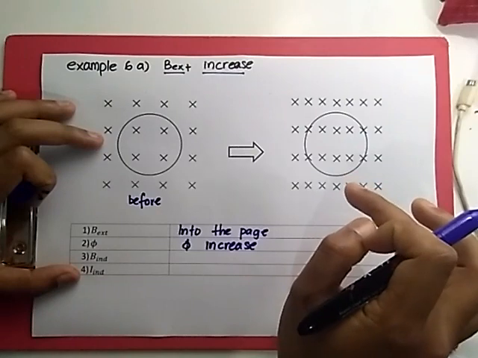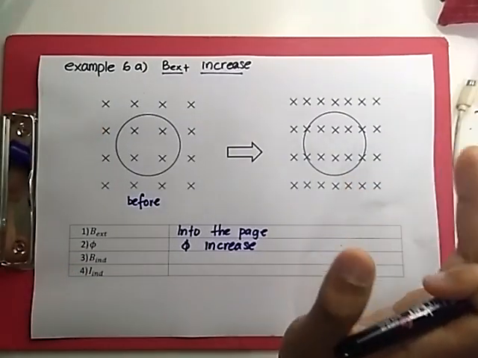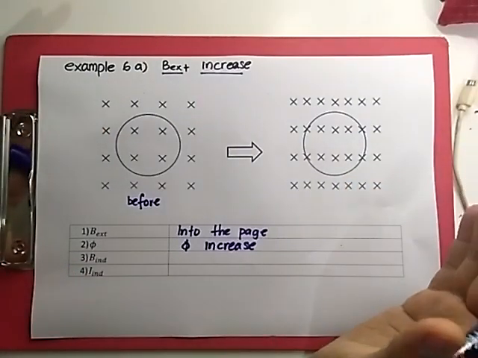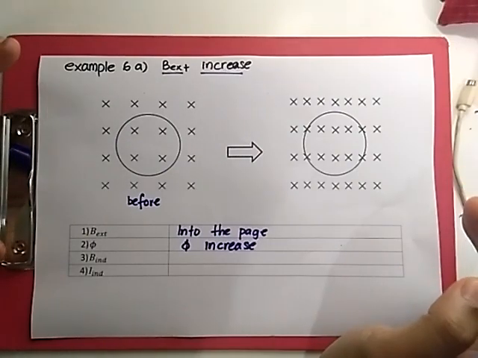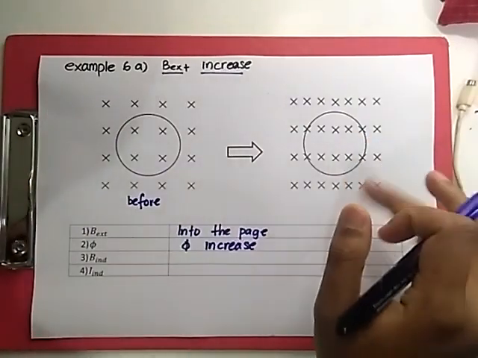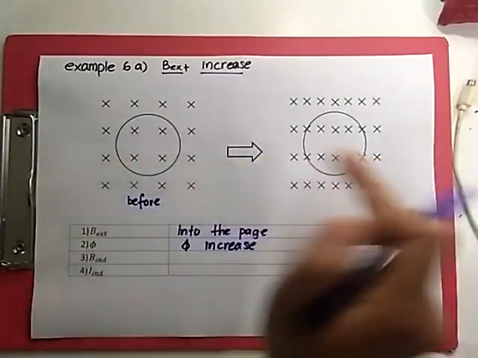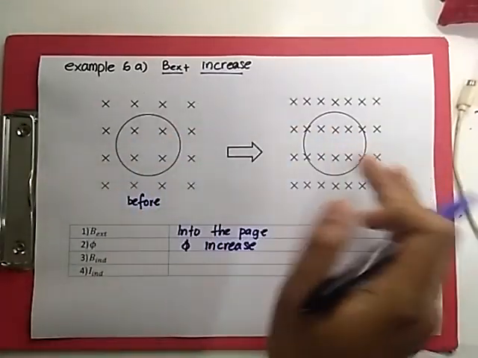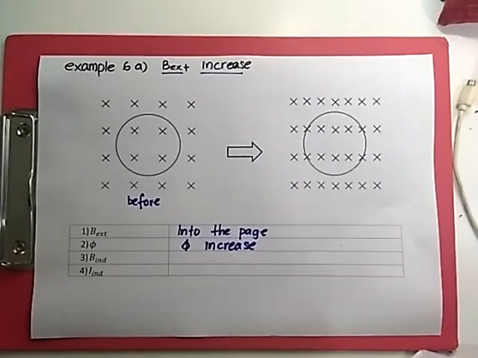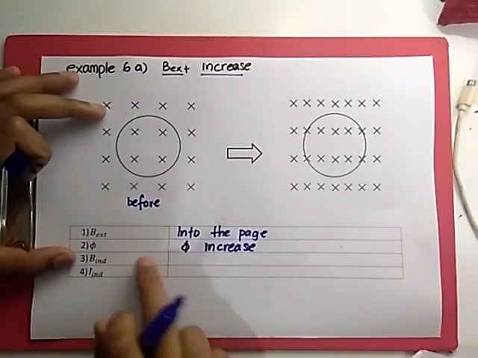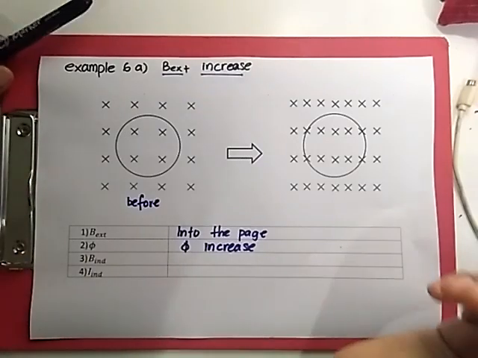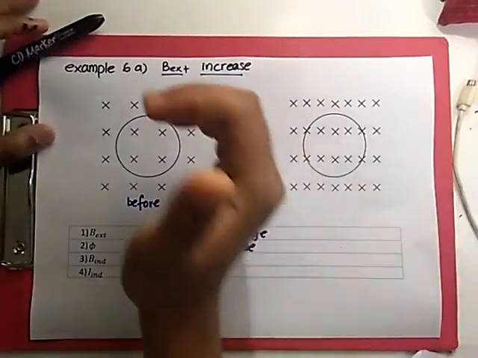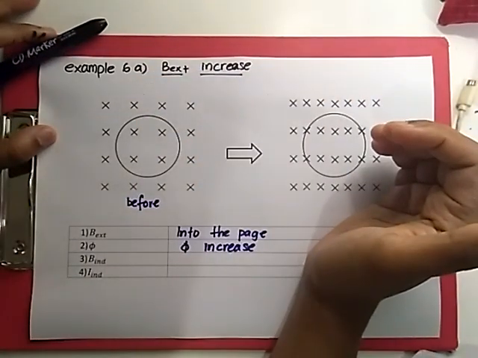Now, magnetic flux can be imagined as magnetic field lines that pass through an area. So, di sini kita nampak magnetic flux bertambah kerana the number of magnetic field lines bertambah. So, magnetic flux increase. So, kita apply right hand grip rule pada salah satulah daripada gambar ni.